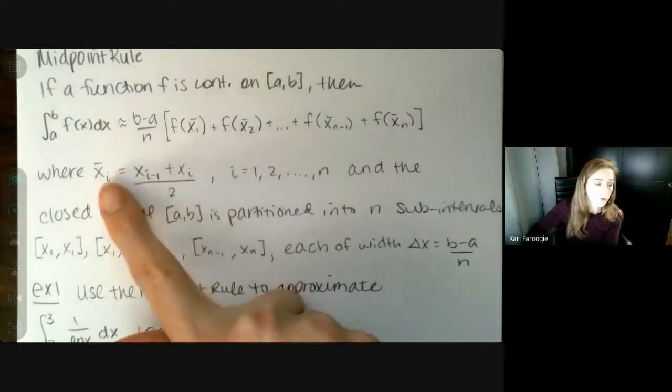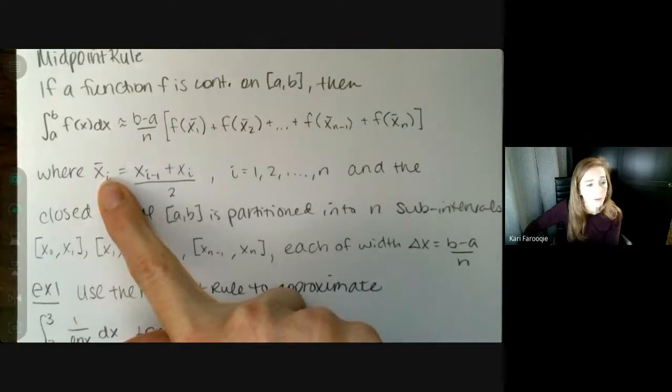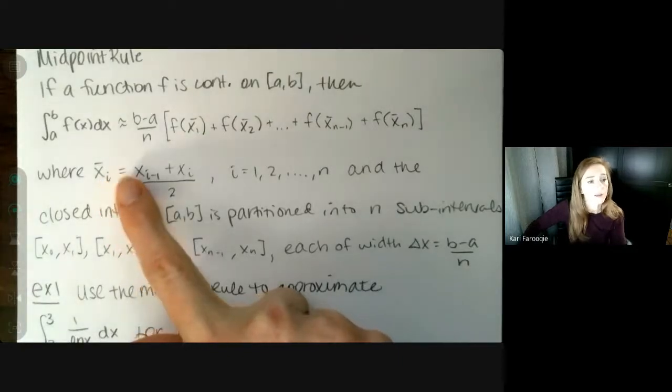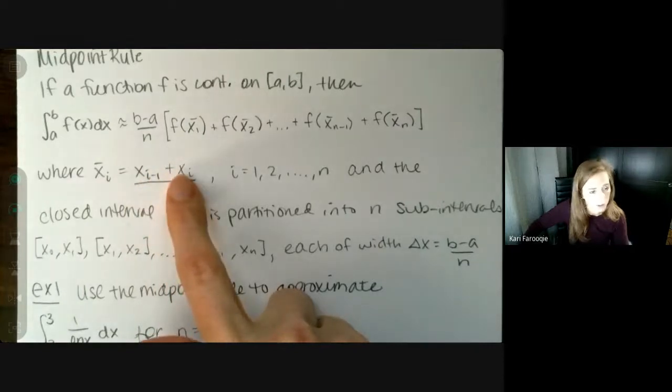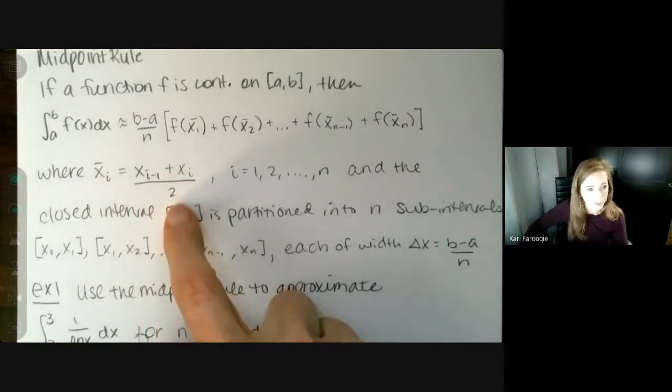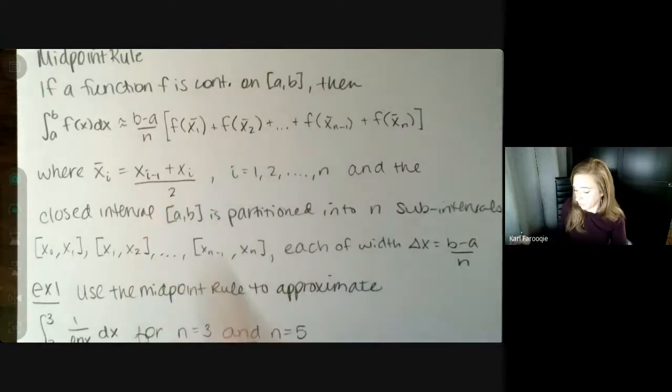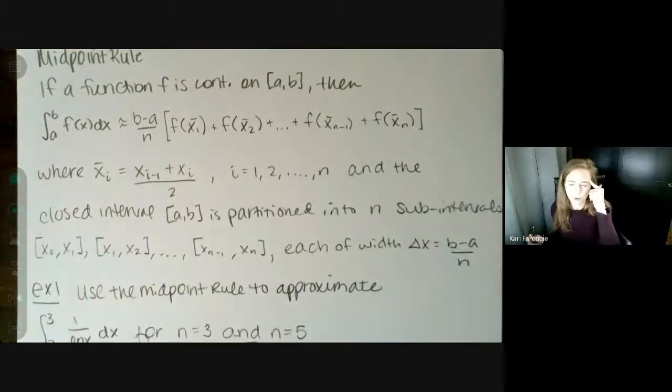Now, I gave you a formula for how to find these, but basically what it states is that if I want to find x sub 1 bar, then I need to take x sub 0 plus x sub 1 and divide it by 2. And I can do the same thing to find the middle value in each subinterval. Some of you who are mentally quick with your arithmetic might do this without even using the formula, but I'm going to show you how to use the formula here.